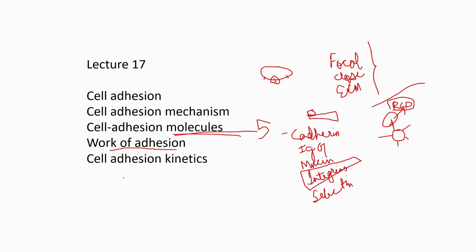So the work of adhesion, or the spreading of B over A, is given by the surface tension of A minus the surface tension of B minus the surface tension AB.